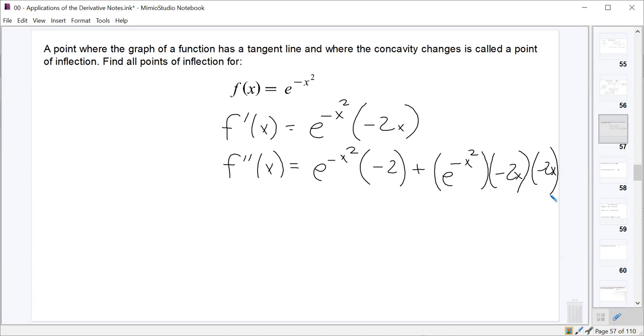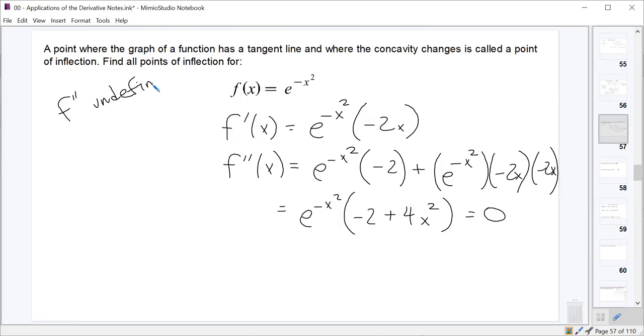And so factoring out the e to the negative x squared from this gives us negative 2 plus negative 2x times negative 2x, which is 4x squared. And if we set this equal to 0 and look for when it's undefined, and I'll write the undefined part over here.